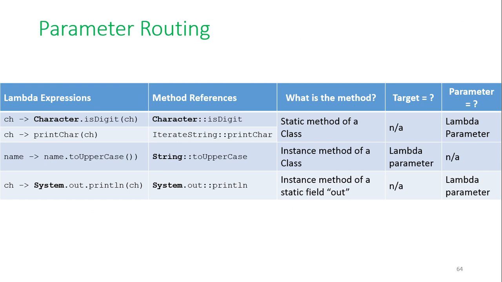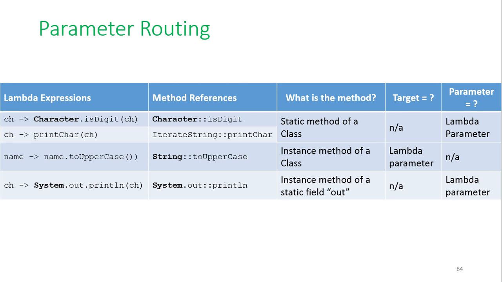So we have seen so far different examples of what is called parameter routing. Parameter routing is just the ability of Java to automatically determine what to do with the one parameter that comes out of a stream when you try to, for example, map a lambda to that stream and use a method reference.